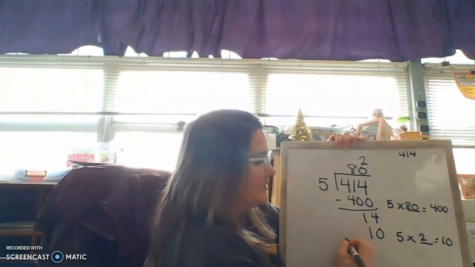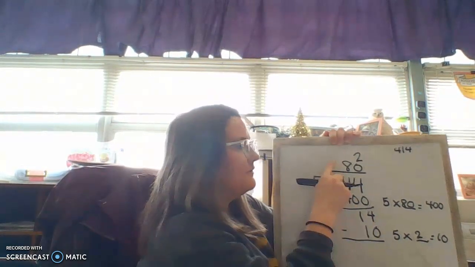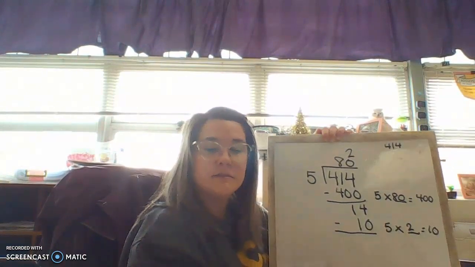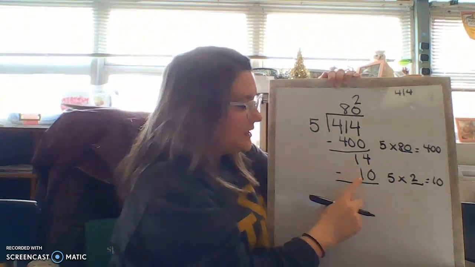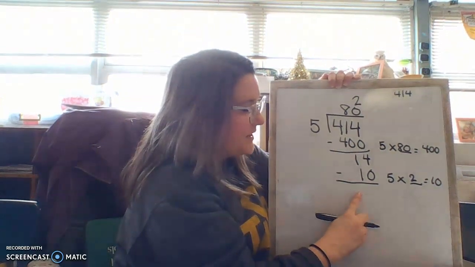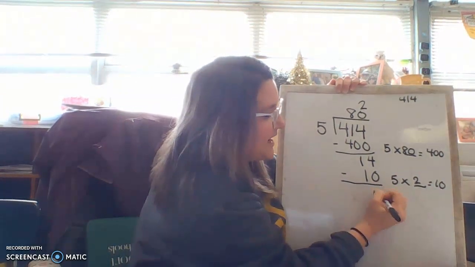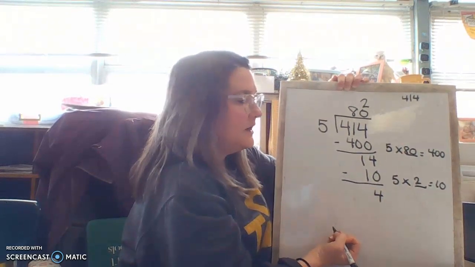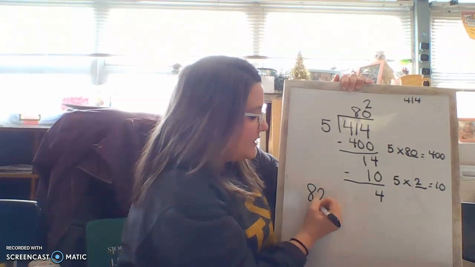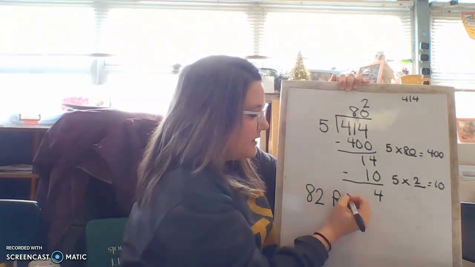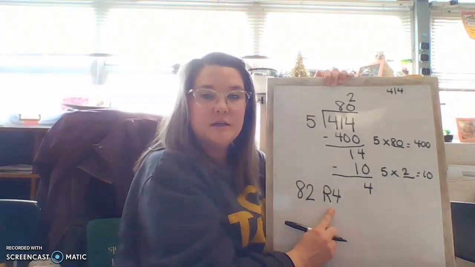Okay. So far, we need 82 pizzas. But we had 14 students left and we gave pizza to 10 more. We still have 4 students left. So you may see students write, okay, well, I have 82 pizzas and I have a remainder of 4 students.